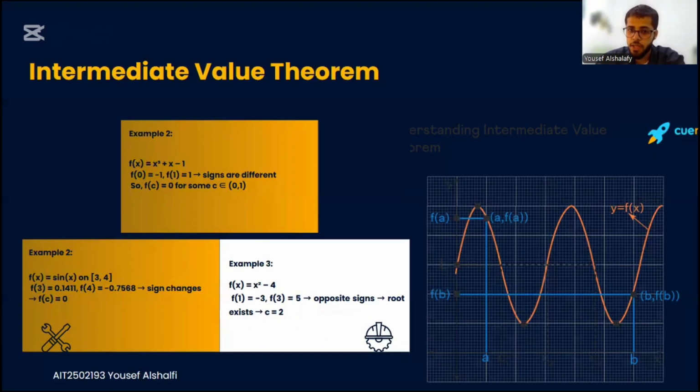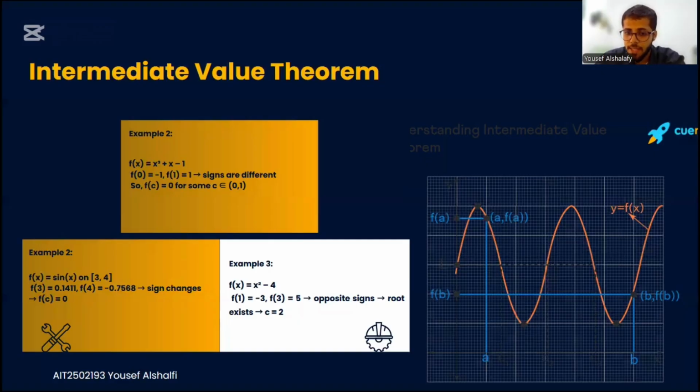So the function changes sign between x equals 0 and x equals 1. That means it goes from negative to positive. The intermediate value theorem says that if a continuous function changes sign from negative to positive or the opposite, it must cross the x-axis somewhere in between.